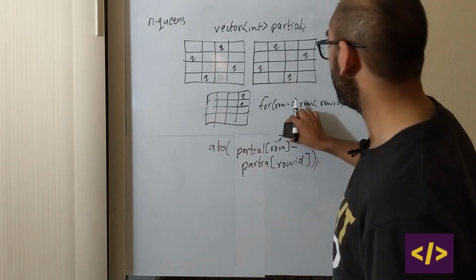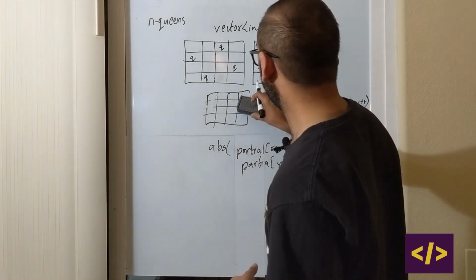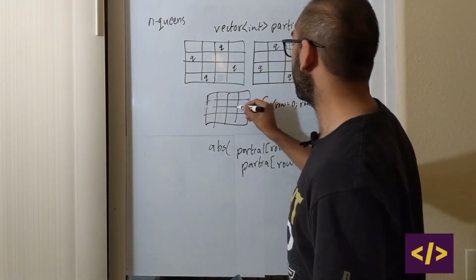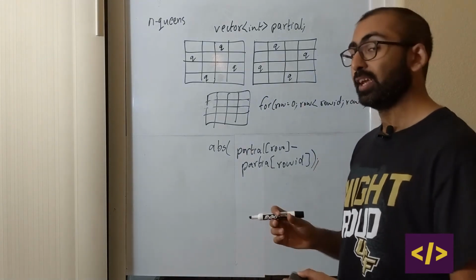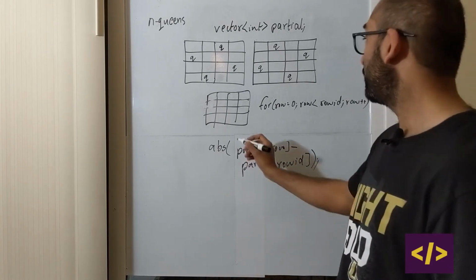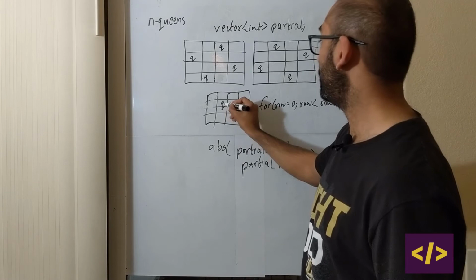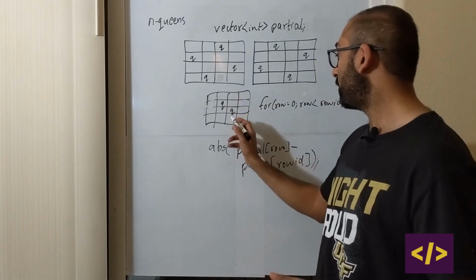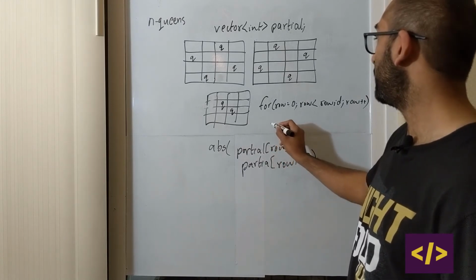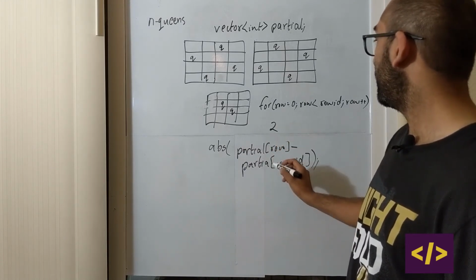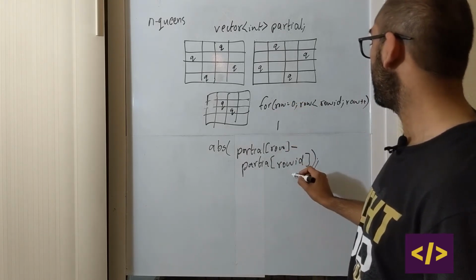Now coming into the diagonal part, this is where it gets really interesting, and this is where you need to have a lot of clarity in the solution. Okay, so let's say we have a Q here and a Q here. Now when he compares his partial of row, what's the value here? That'll be 1, and this will be 2.